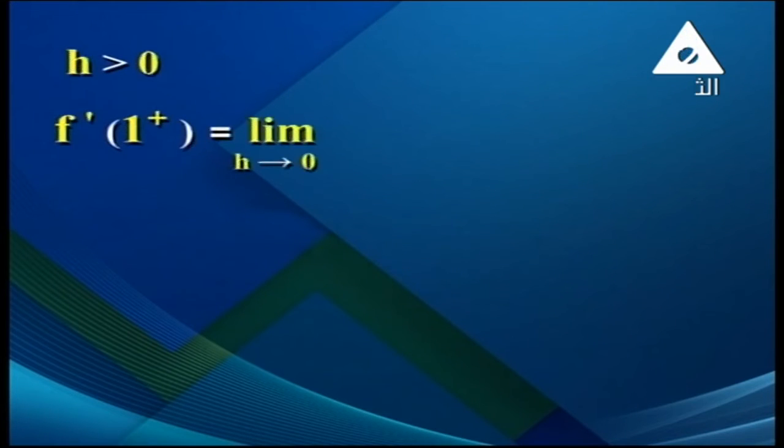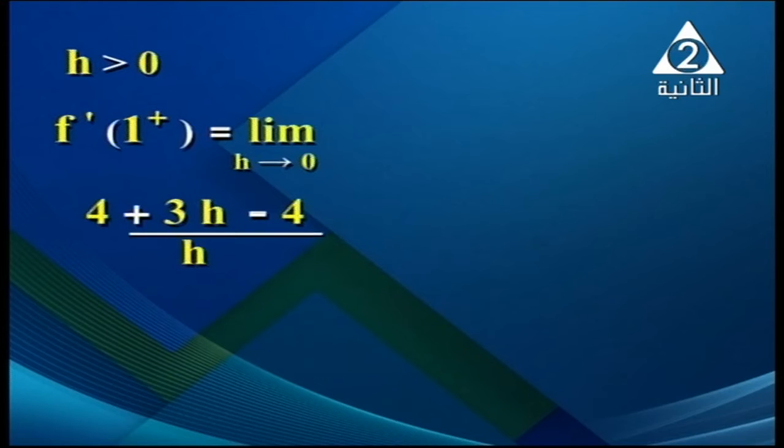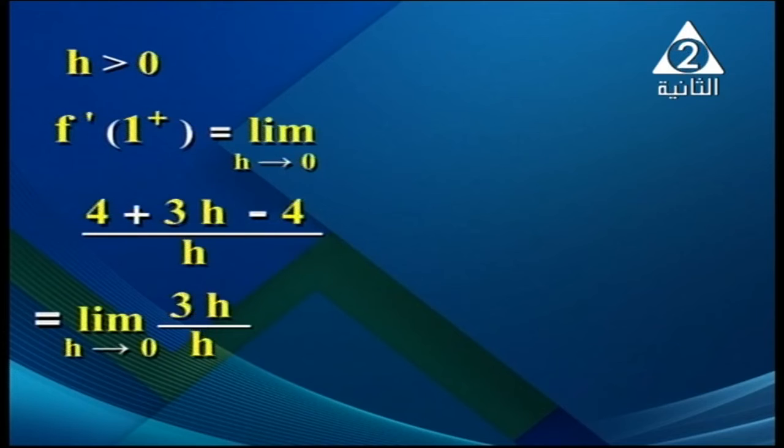For h more than 0, we find f dash of 1 positive. What do I mean by 1 positive? f dash at the right of 1 equals the limit when h tends to 0 of 4 plus 3h minus 4 over h, which equals the limit of 3h over h, which equals 3.